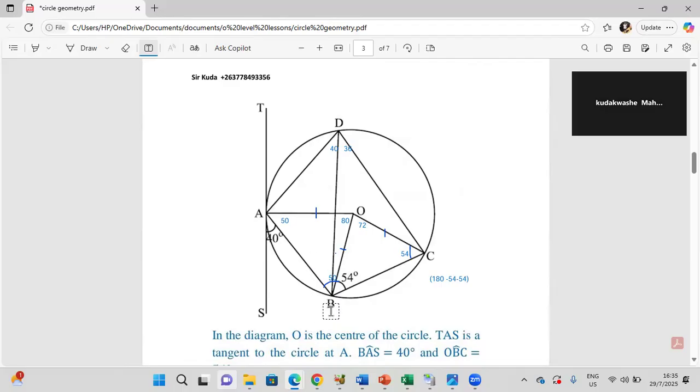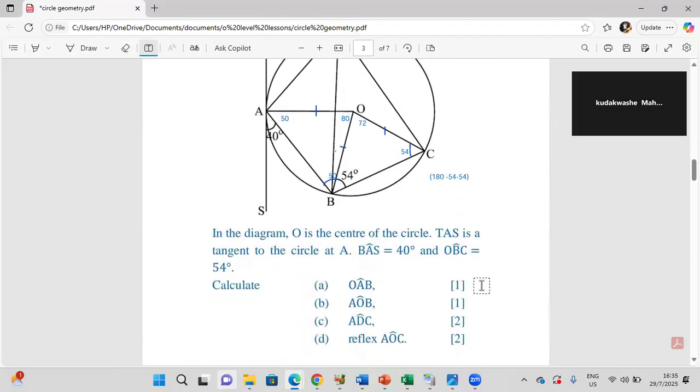Lastly, let's go and look at the questions and see if we have not answered them yet. OAB. So O, then we go to A, then we come to B. That's 50. So we got that one, that's 50. A or B, that's 80. We got that.